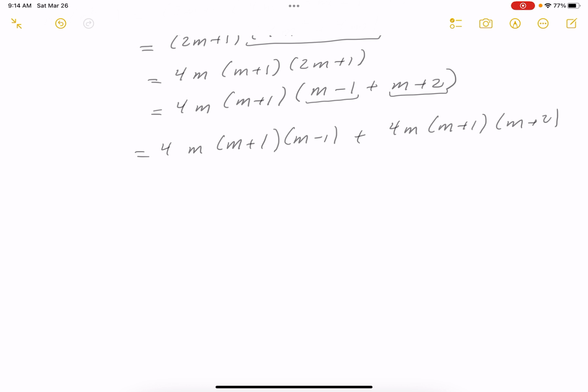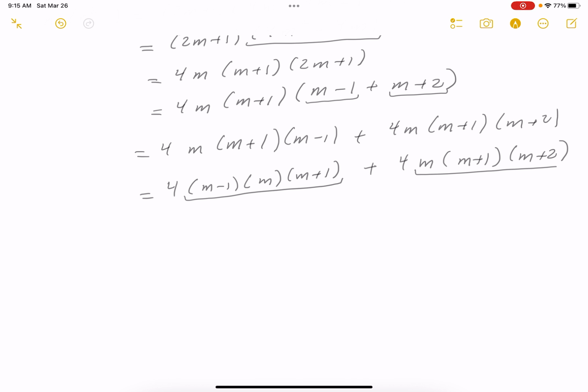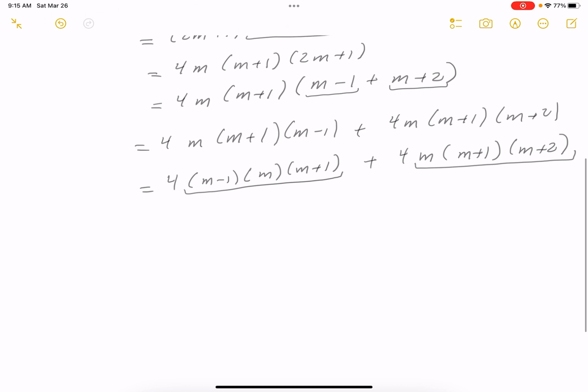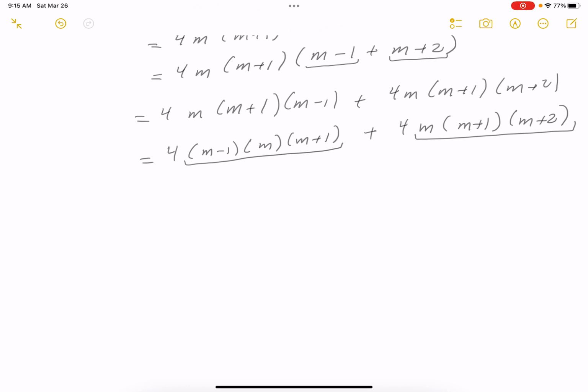I'm going to rearrange this a tiny little bit: 4, m minus 1, m, m plus 1, plus 4, m, m plus 1, m plus 2. All right? So I think I'm getting closer to what I need. And what I've got over here are actually just 3 consecutive integers now. Let's take a look at that, and make sure they divide through by 24.